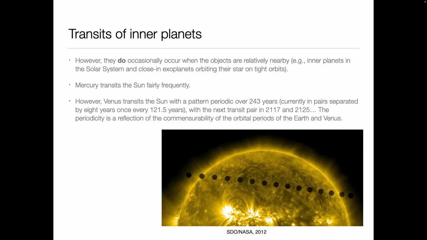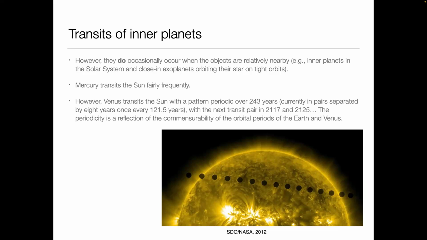But the case of Venus is even more interesting because Venus transits are actually pretty rare. They have a quasi-periodicity with a period of about 243 years, much longer than our human timescales. And this makes it kind of interesting.